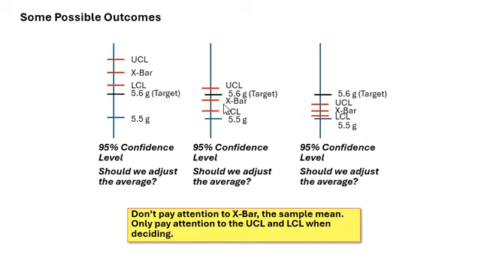You don't pay attention to your x bar, because x bar represents the sample. Of course, we use that estimate to represent the entire population, but what's important is this interval, your LCL and UCL, the lower and upper confidence limits. And of course we look at the target, because that's the desired value, what we want it to be.